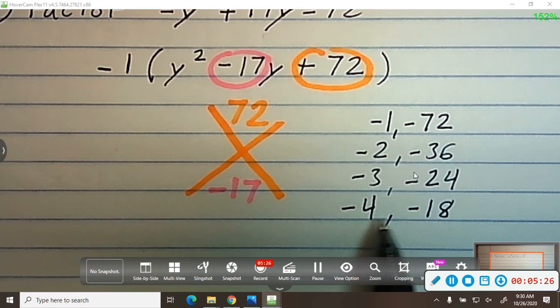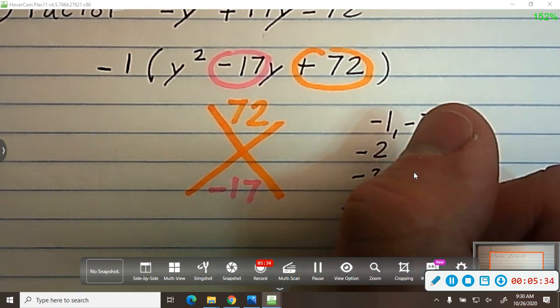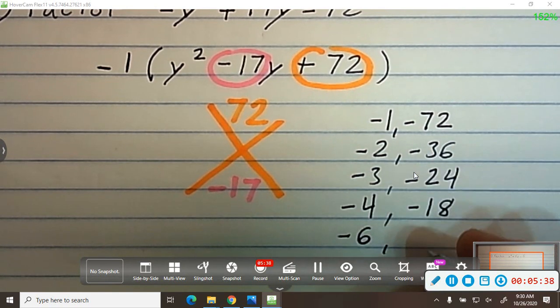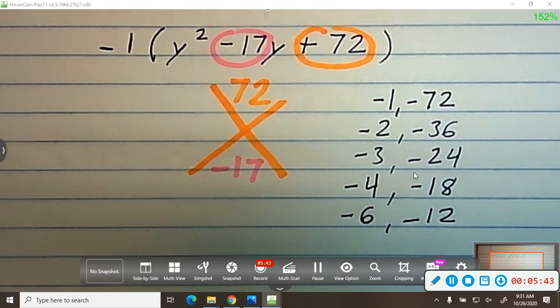You add those, you get negative 22. 5 does not go into 72. 6 would be negative 6 and negative 12. I'm getting pretty close. That's negative 18.